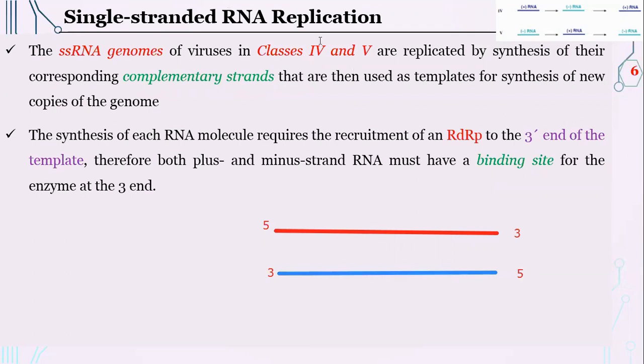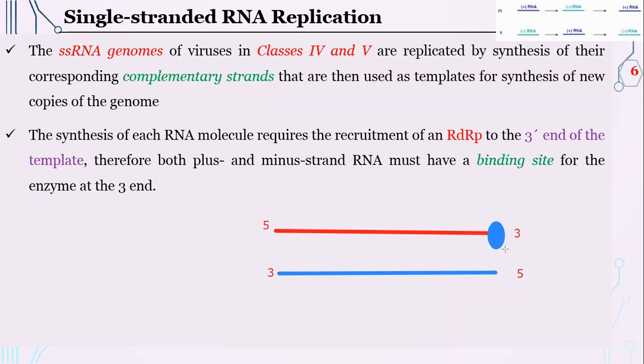So that means if we have a sequence, if this is positive sense RNA, this is negative sense RNA, what will happen? The polymerase will bind at the 3' end. The polymerase will bind here.